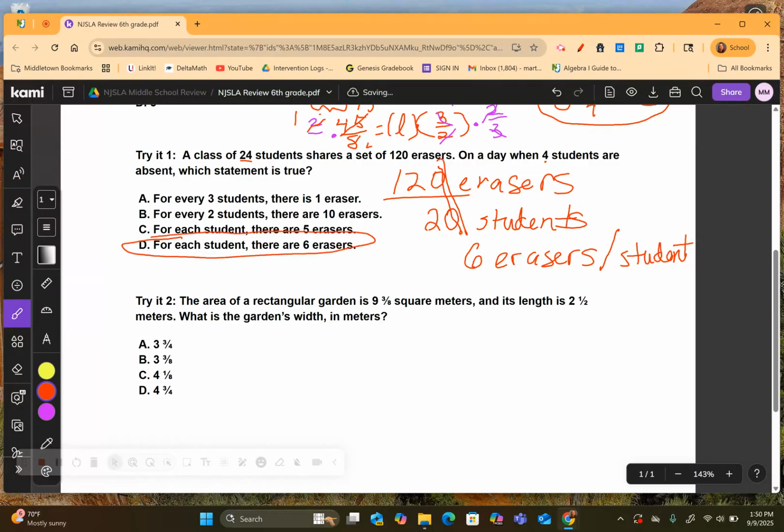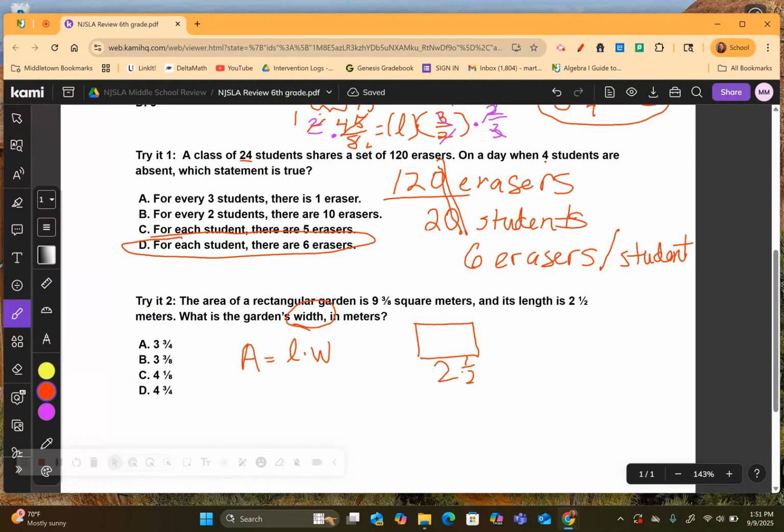Number 2, the area of a rectangular garden is 9 3/8 square meters, and its length is 2 1/2. Actually, this would be the length, the other one would be the width. So we're trying to figure out the width. What is the formula for the area of a rectangle? The area is length times width, which everyone should know.